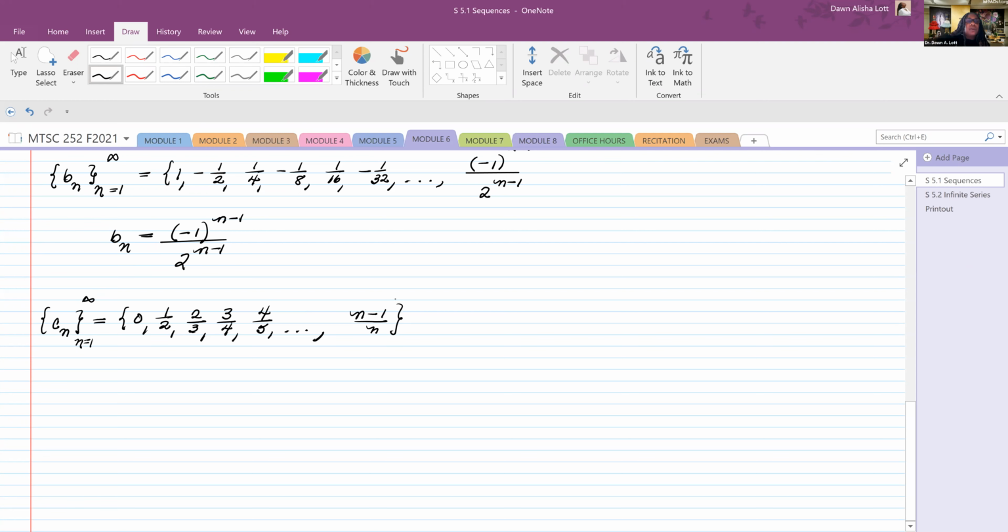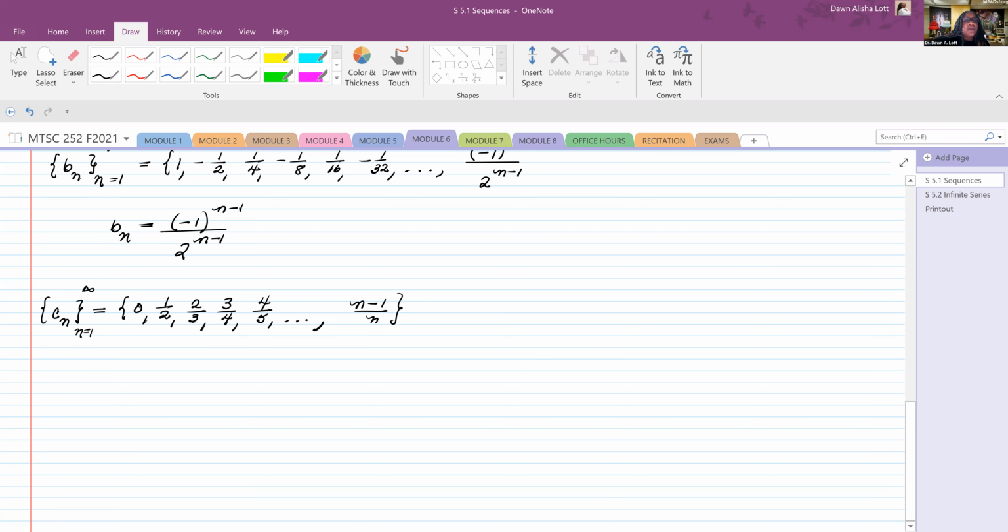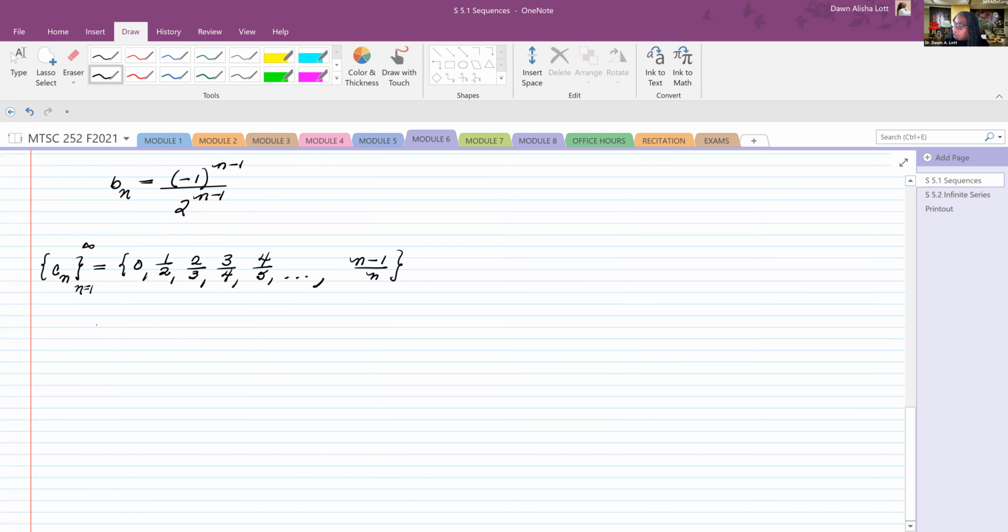Okay, so you guys are going to have to figure these out. So c_n, you can see that if n is 1, n is 2, n is 3, n is 4, n is 5, so I have n, and then above it looks like the number n minus 1. Okay, so this is the notation we're going to use.